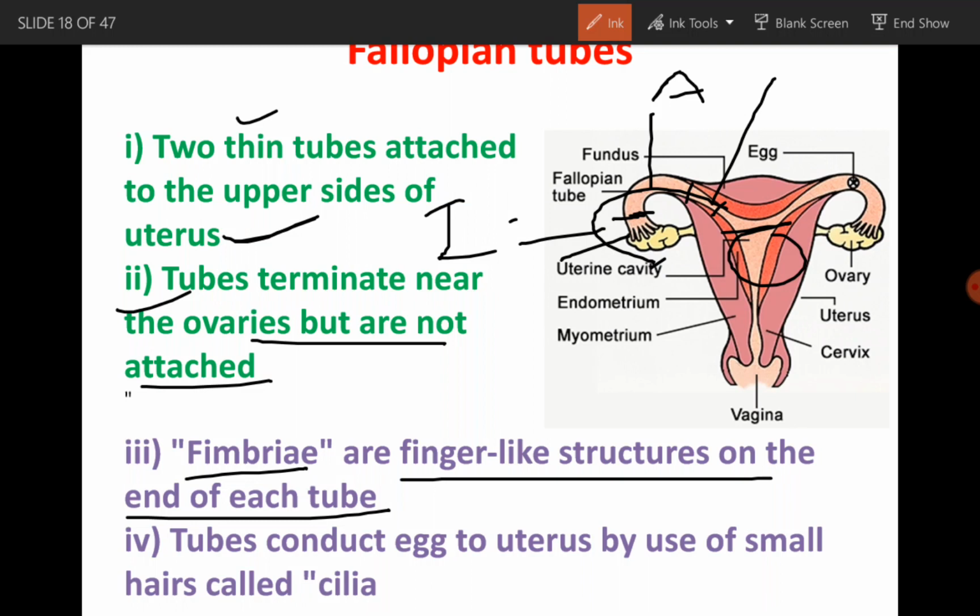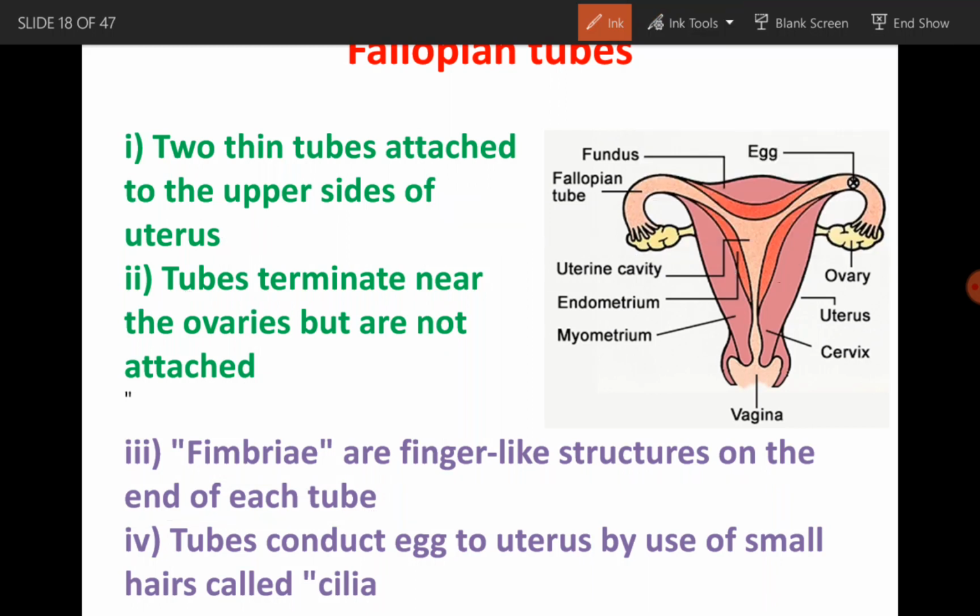These finger-like structures are at the end of each tube.